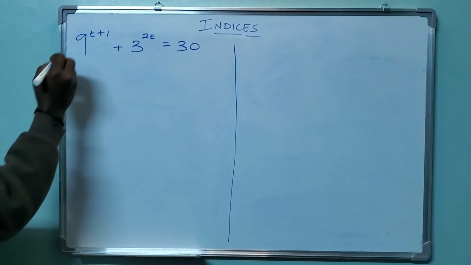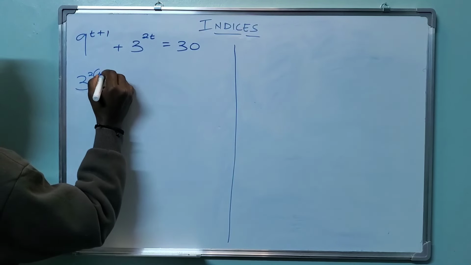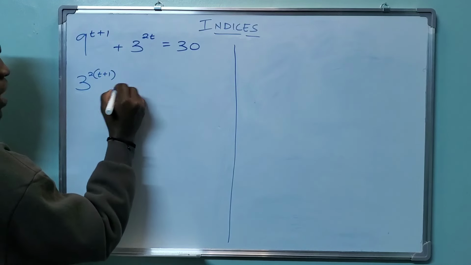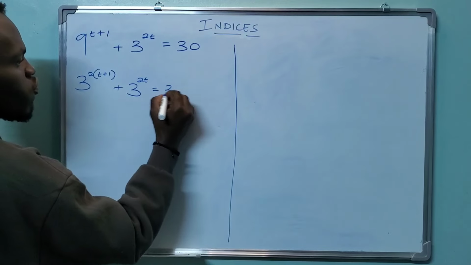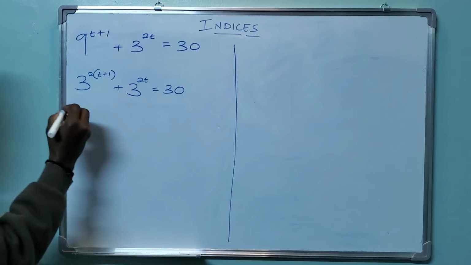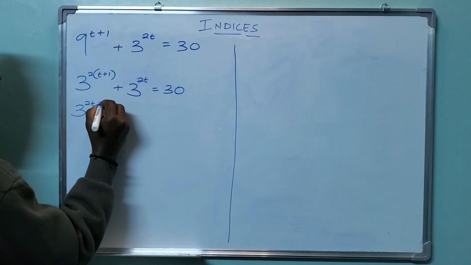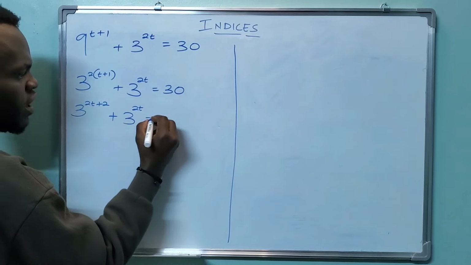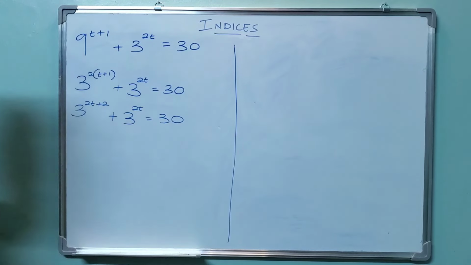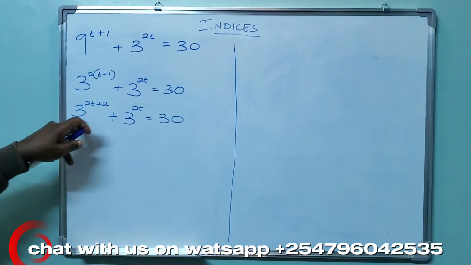Which means I'm going to have here 3 raised to power 2 into t plus 1 plus 3 raised to power 2t being equals to 30. Then I'm going to have here 3 raised to power 2t plus 2 plus 3 raised to power 2t being equals to 30.